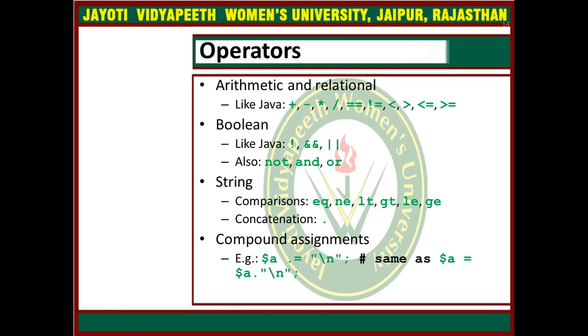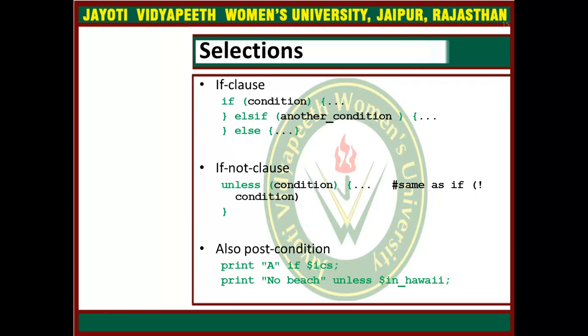Compound assignments, for example, print a equals to \n means new line, like we are using in other languages, means the statement is on the next line. A selection, the if clause. This is the basic syntax like in every other language.